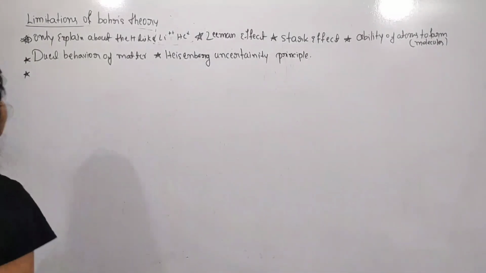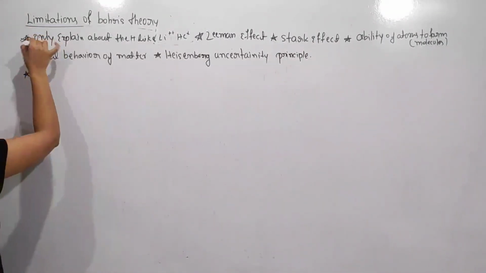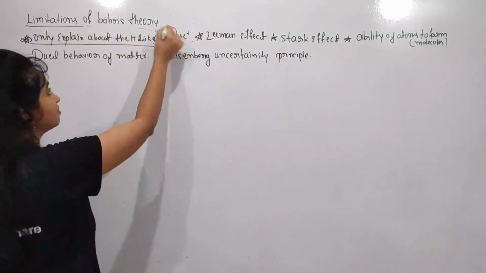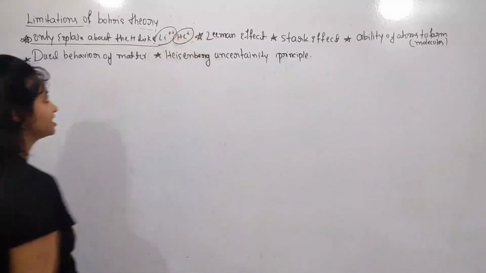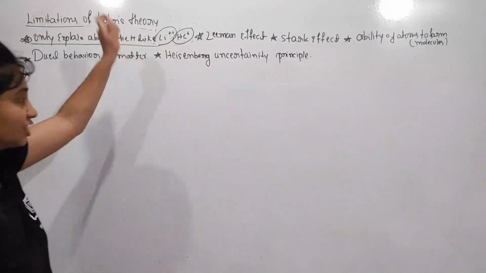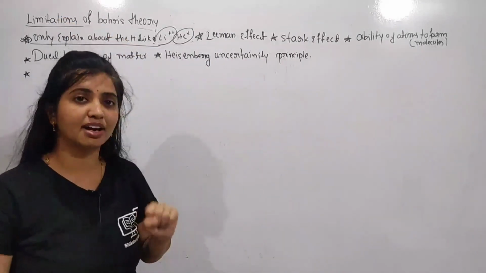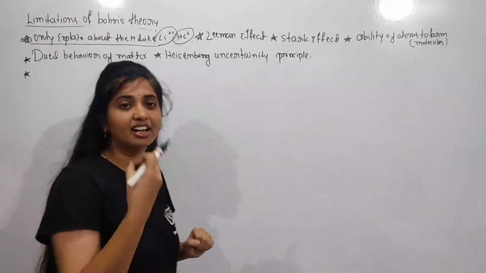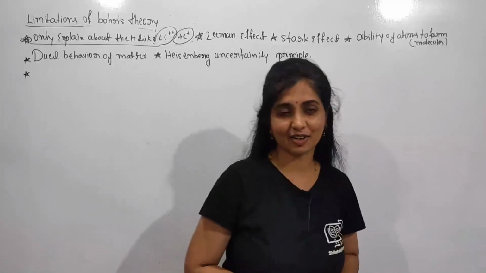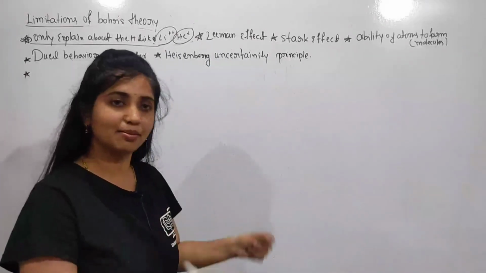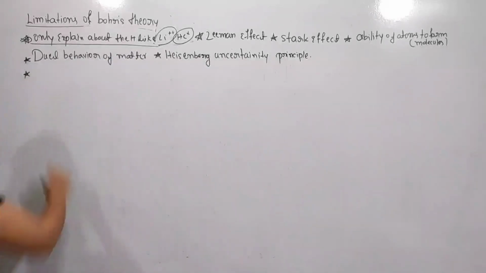Limitations of Bohr's theory: Bohr's theory only explains hydrogen-like atoms like Li plus and He plus. Like this, only single-electron systems he can explain, the structure of the atom and the spectra. He can't explain multi-electron systems like helium, lithium, carbon, boron, beryllium, etc. So here he fails to explain the structure of an atom.